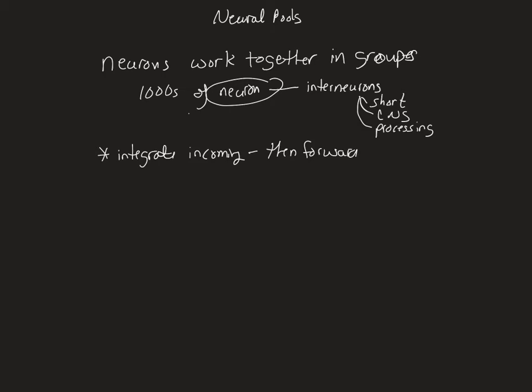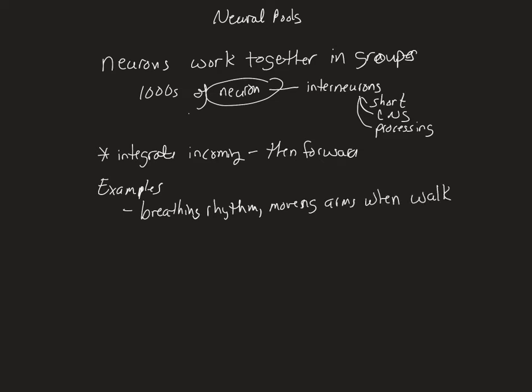And you're going to do this while pooling the neurons to get them to work together. Some good examples of where we are using neural pools is to integrate and coordinate things like breathing rhythm or moving your arms when you walk, so that they're coordinated.